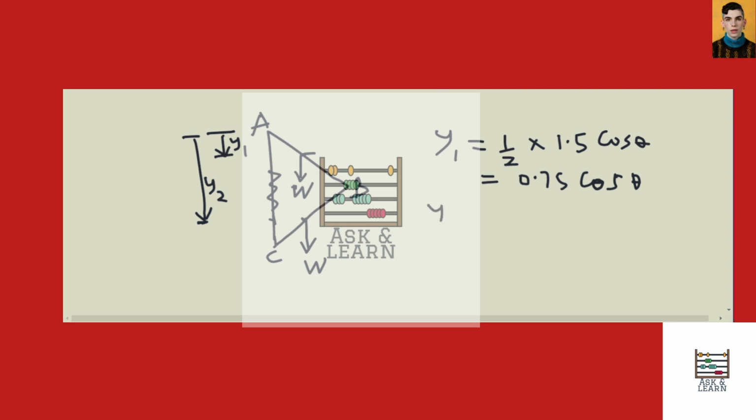Now we can determine y2, its height. It's going to give us 0.75 cos theta, as you can see from the diagram, plus, from this point up here, from the center of gravity of W along BC, we're going to have plus 1.5 cos theta, because the length of each of the members AB and BC is 1.5 meters.